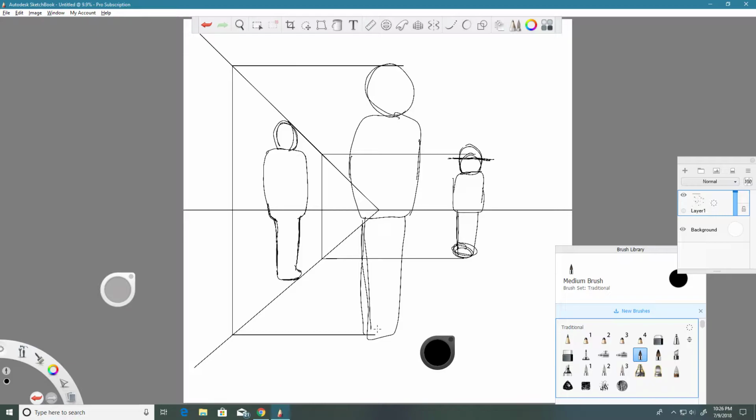It looks correct. Now, addressing what I said earlier about what I've seen in other tutorials where they say that you have to have the horizon line be at eye level with the people in your drawing, I don't find that that's very true.